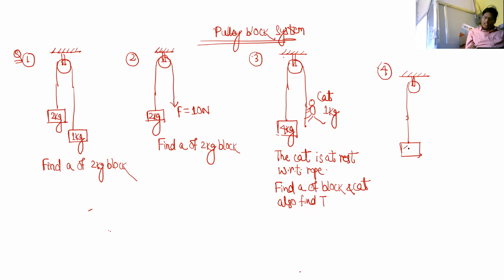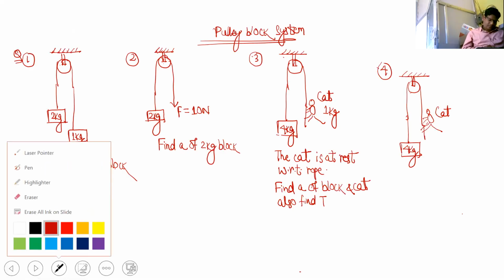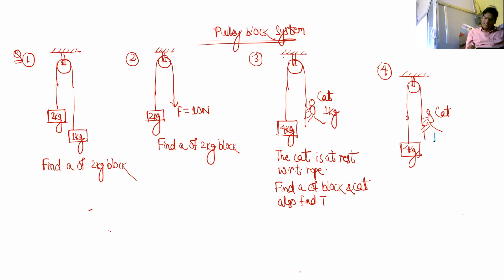now the cat climbs up. Here the cat climbs up. See the small differences. Everywhere it is 4 kg and 1 kg, but still there are so many differences. Here the cat is climbing up with, let's say, 1 meter per second square acceleration.